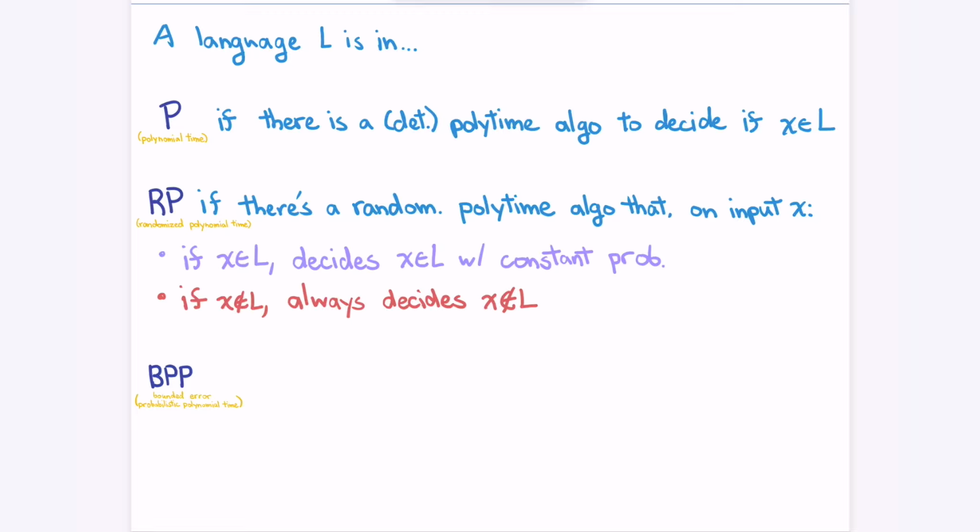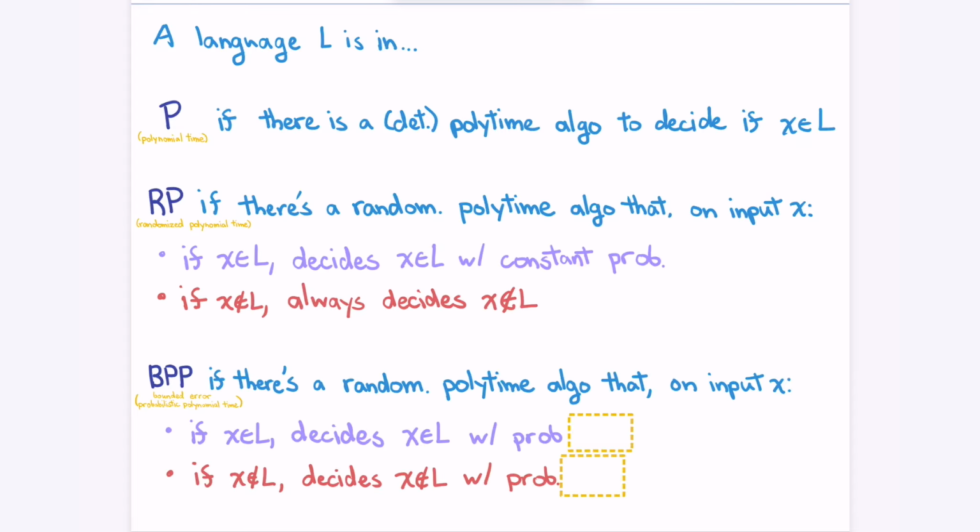Okay. Now contrast with BPP, which stands for bounded error probabilistic polynomial time. That's also a polynomial time algorithm, but it's going to be two-sided error. So RP is one-sided error, BPP is two-sided error. Anyone want to guess what these probabilities should be?